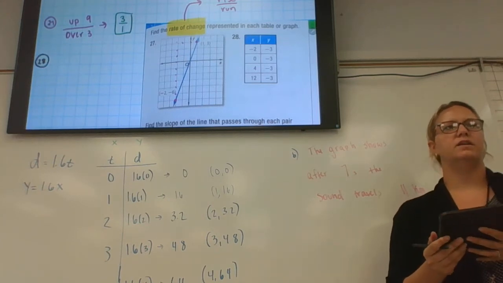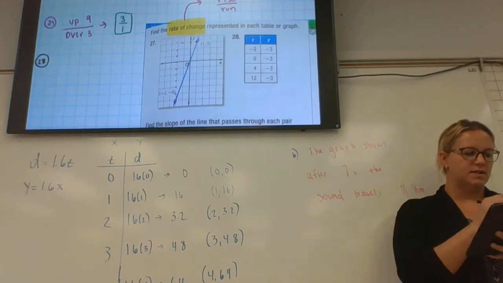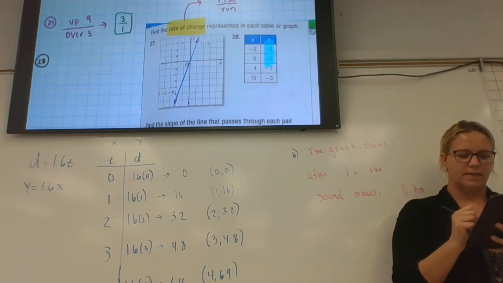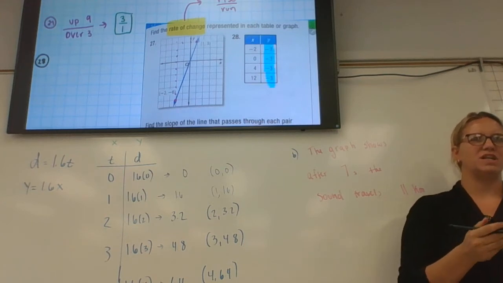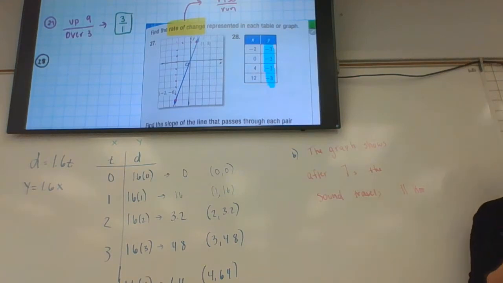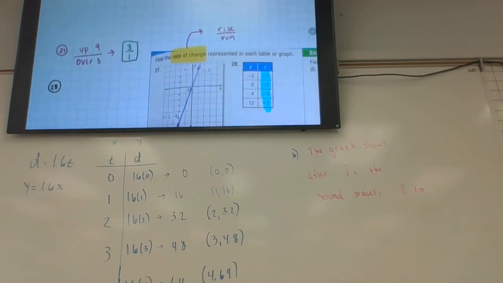There's something kind of interesting about number 28. The y values aren't changing. So you could do slope formula with these first two ordered pairs, or you can understand it.